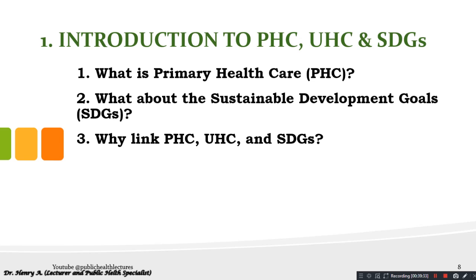Why linking them? Why do they matter? Number one, it avoids fragmentation, so that as a student, as a future public health professional, you would see these three as a whole system, not disconnected pieces. And number two, to encourage critical thinking, you start asking the question, if we invest too much in tertiary hospitals, what happens to the PHCs, the primary healthcare centers?